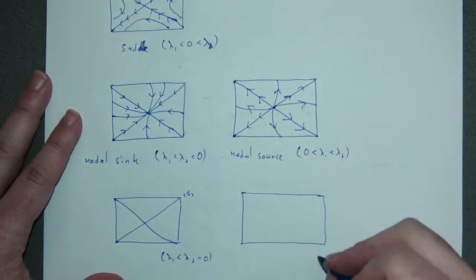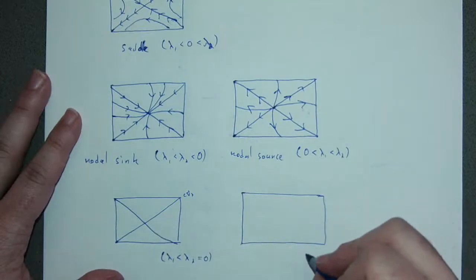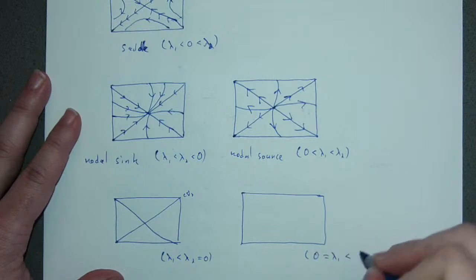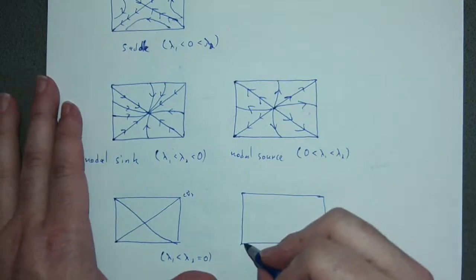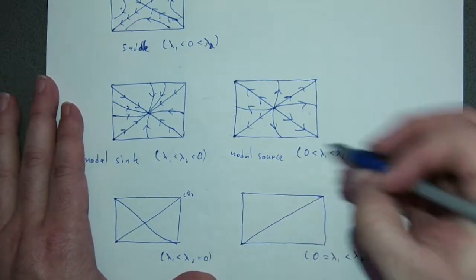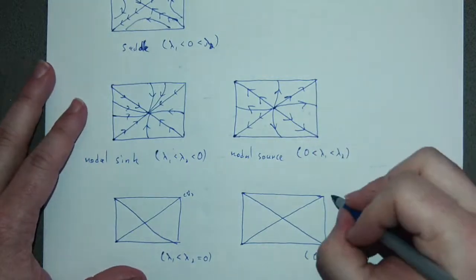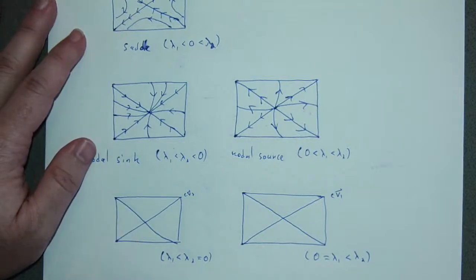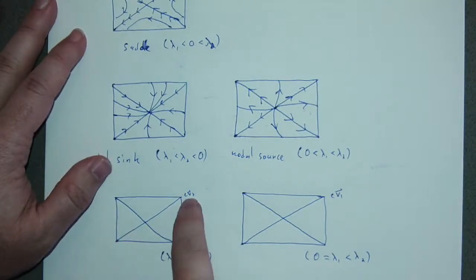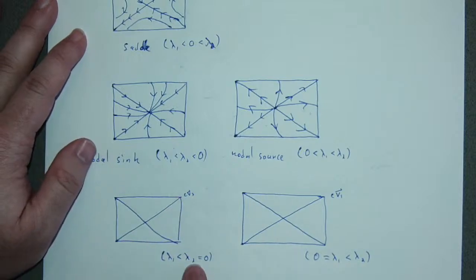And we'll do the same in the second picture. Actually, we'll change it around. So in the second picture, 0 is equal to lambda 1 is less than lambda 2. So just so the picture looks the same, we'll arrange the picture, which means we just rotate the picture if we need to, so that this is CV1 instead.